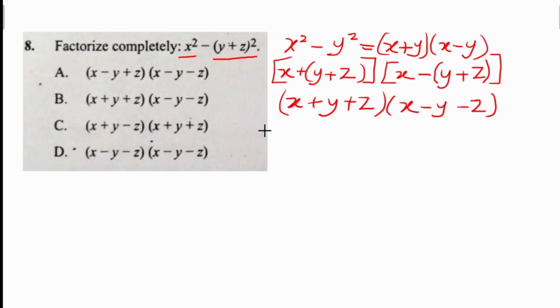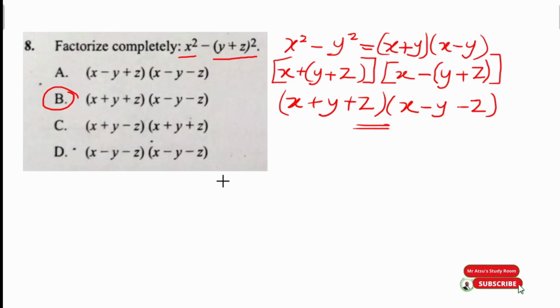Comparing this with the options there, this is the same as option B, which is our answer. Remember, we got this because of the minus 1 opening these parentheses. So minus 1 times y is minus y, minus 1 times z is minus z. So that is how we got our answer.